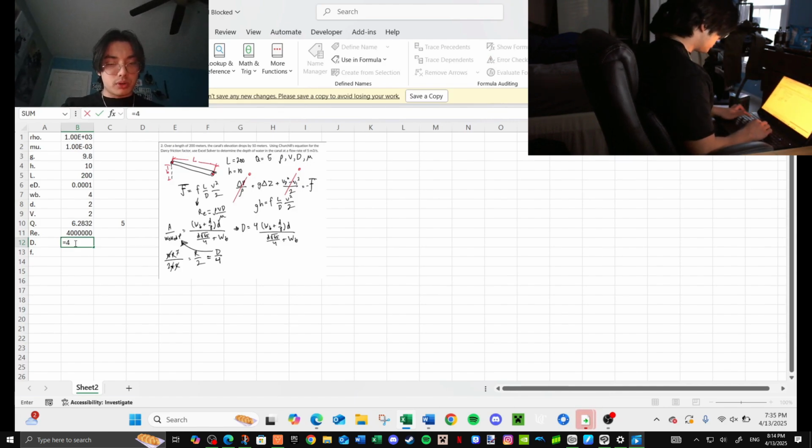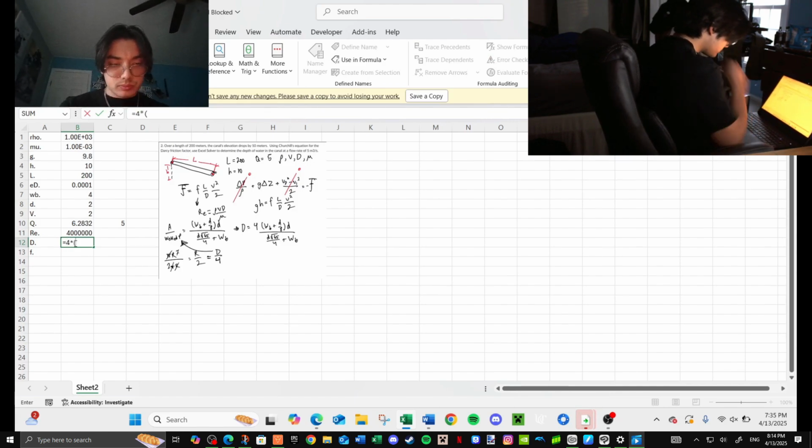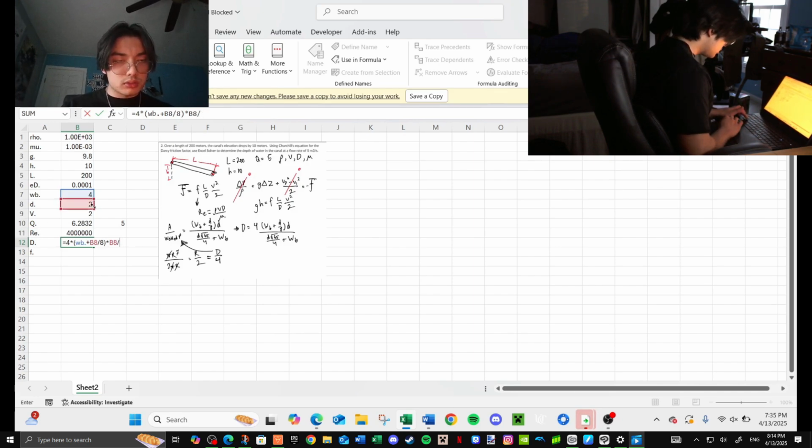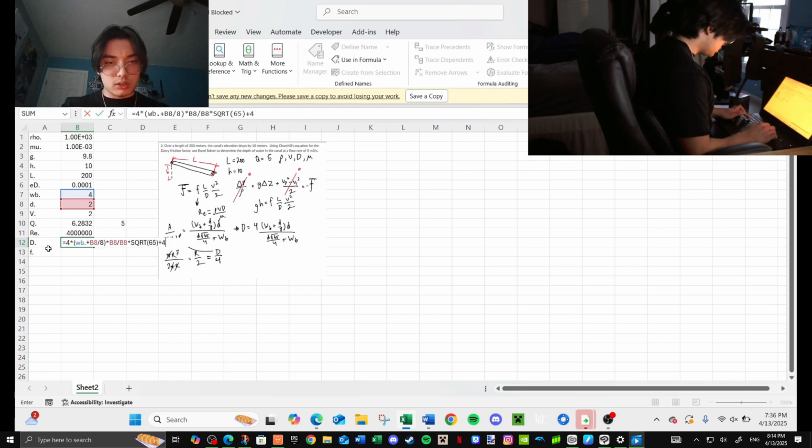Diameter would just be 4 times the width of the bottom plus depth divided by 8 times depth again divided by the depth times square root of 65 plus 4 plus the width of the bottom.